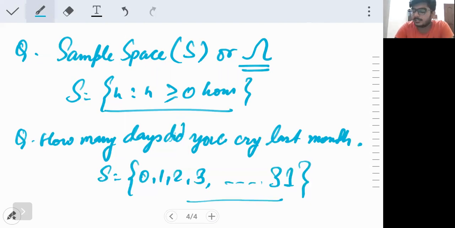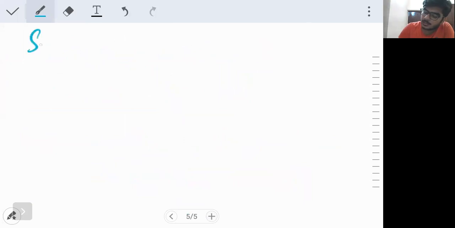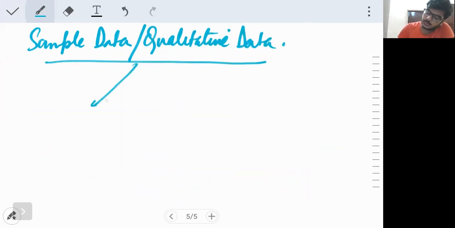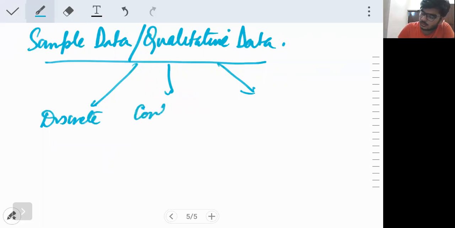So the next thing that we will understand is the sample data, which can also be termed as the qualitative data that we have collected. Now, this is divided into basically three categories: first is discrete, the second is continuous, and the third is categorical.